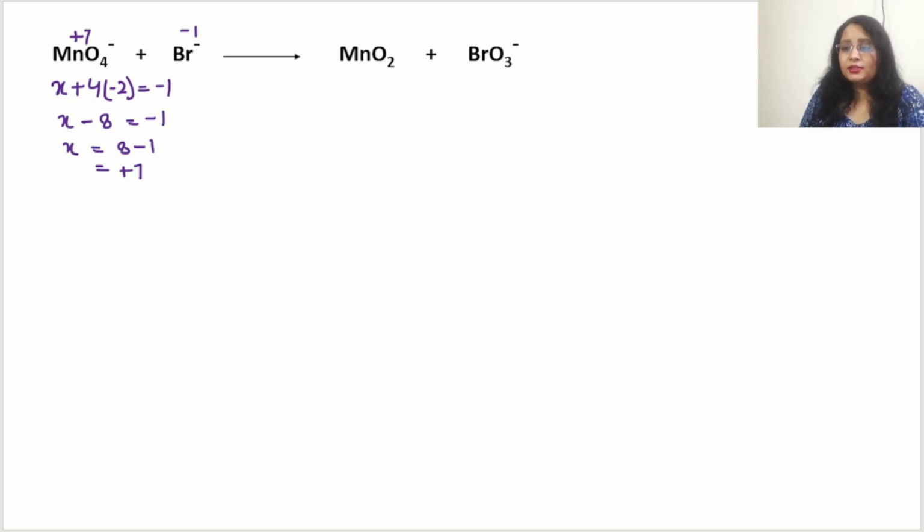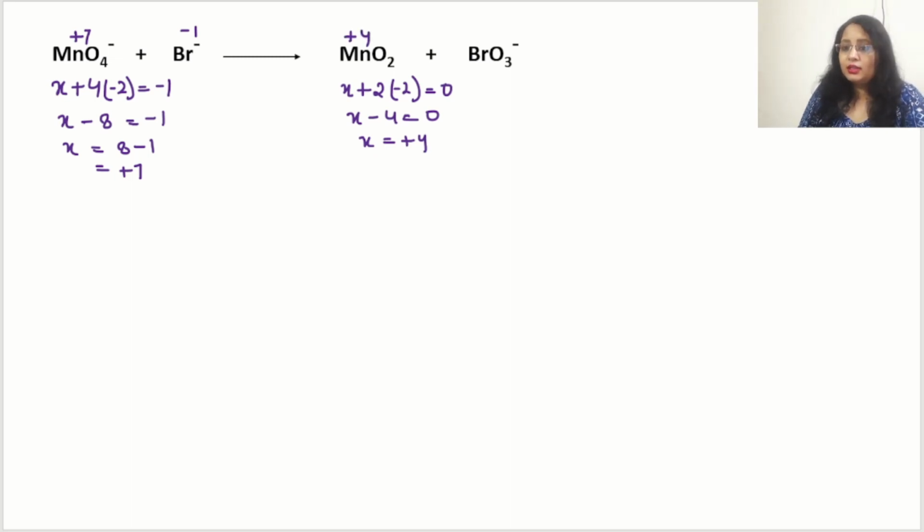Now come to the right hand side. Here for manganese, assume X plus 2 times minus 2 for oxygen is equal to 0, because the species is a compound. Now X minus 4 is equal to 0, so X will be plus 4. Manganese has a plus 4 oxidation number.